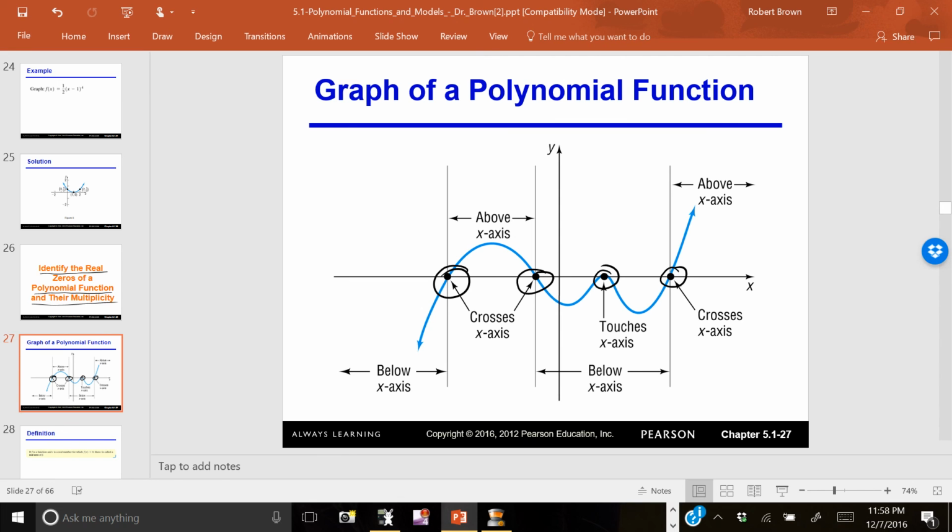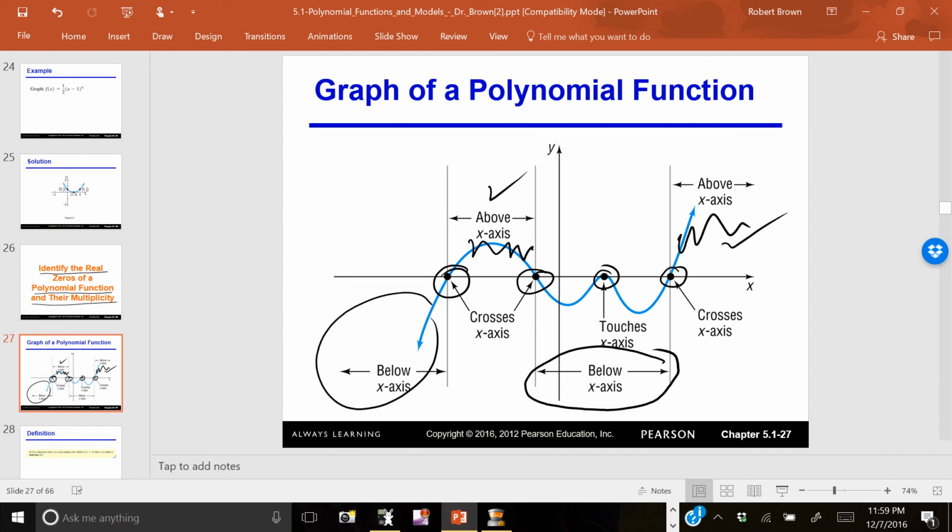You also notice that in one region it's above the x-axis. That's these two regions. In this region and this region, the graph is below the x-axis.